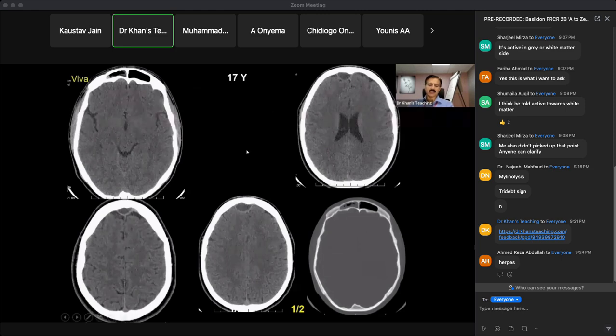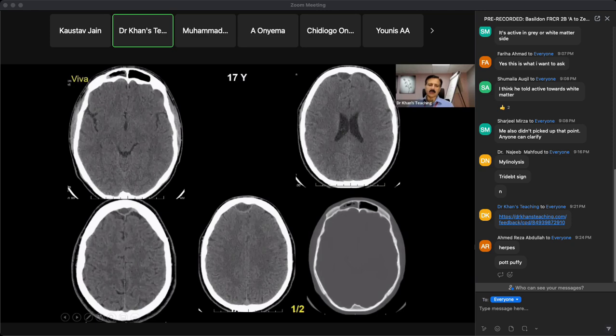Again, very easy case, but what is this? It says extra-axial, mostly subdural abscess from the sinus. Excellent. So in head and neck, which we are going to start next week, I'm going to start with temporal bone. And in head and neck, I do teach a lot of anatomy because I know that head and neck is all about anatomy.